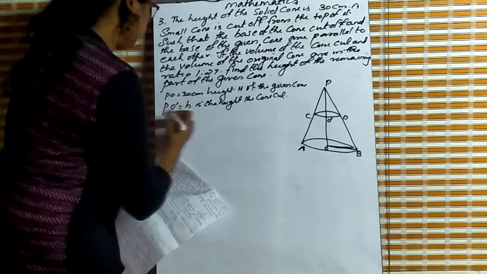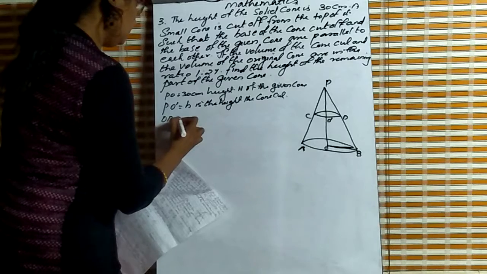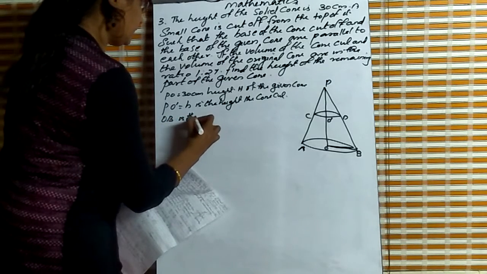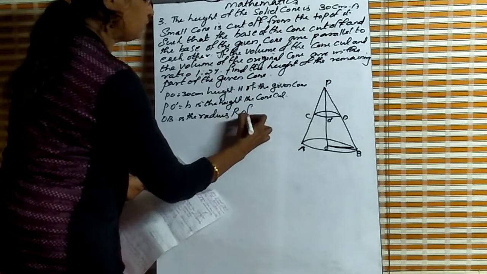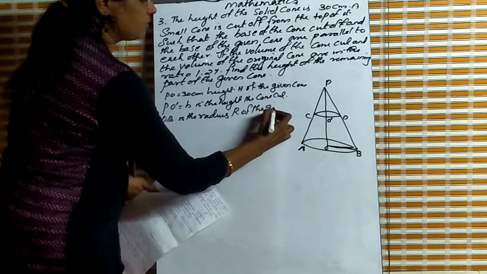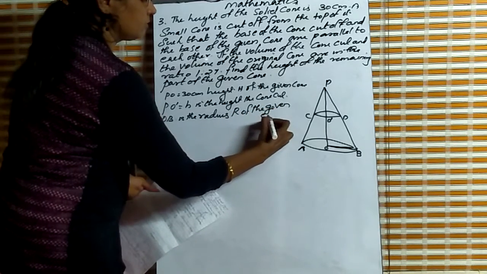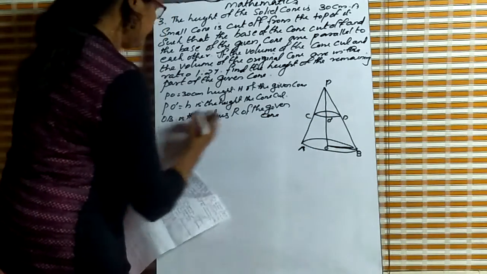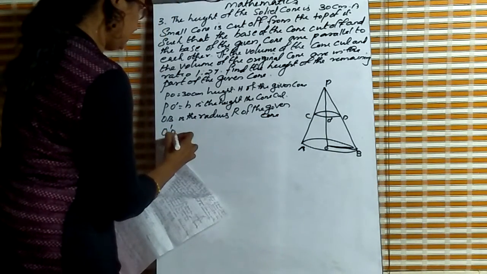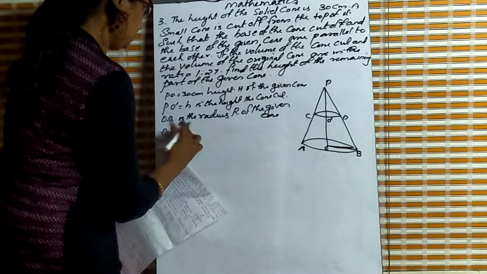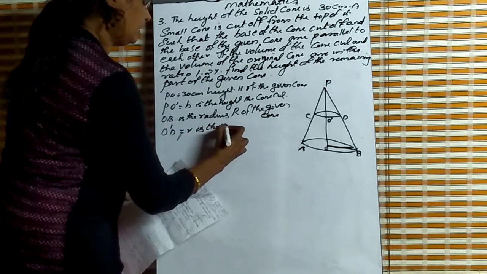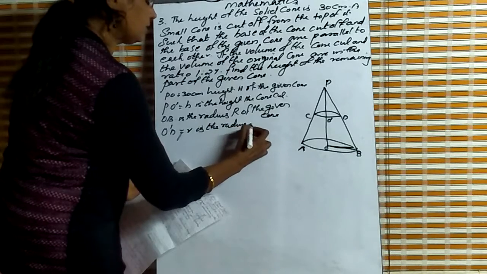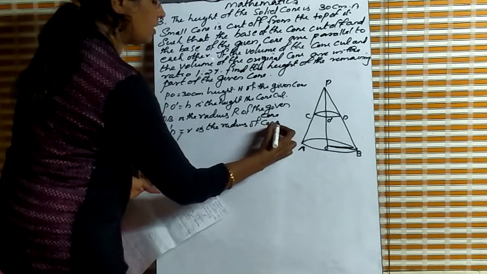Then OB is the radius R of the given cone. Then O dash D equals r is the radius of the cone cut.